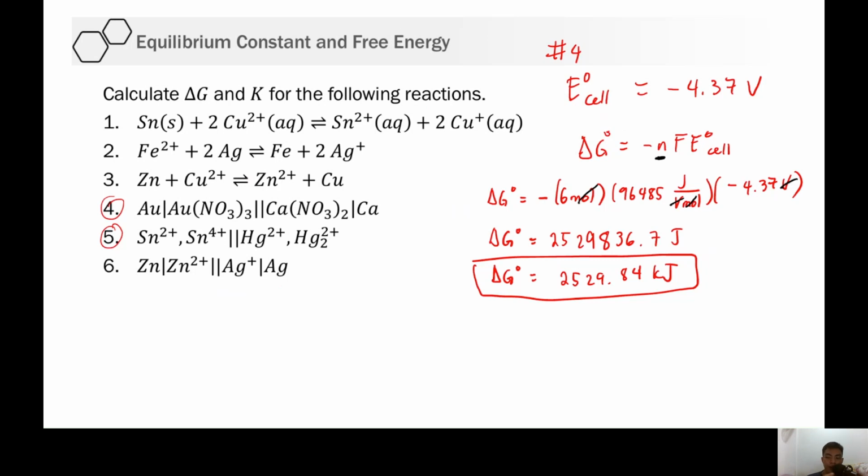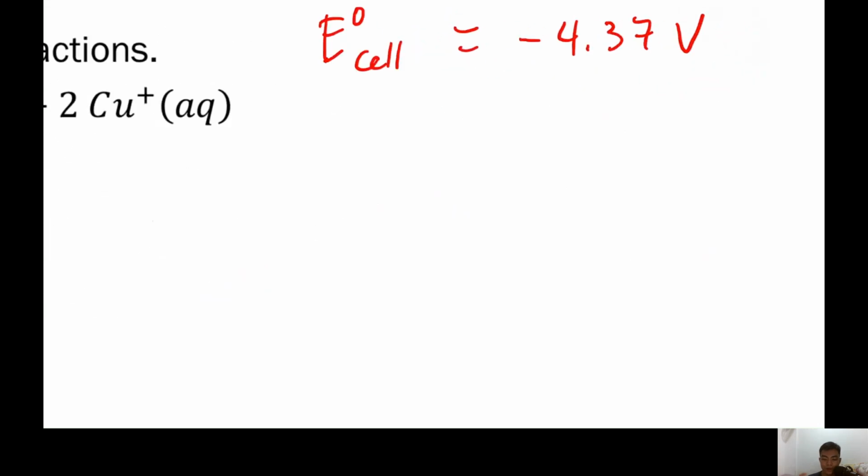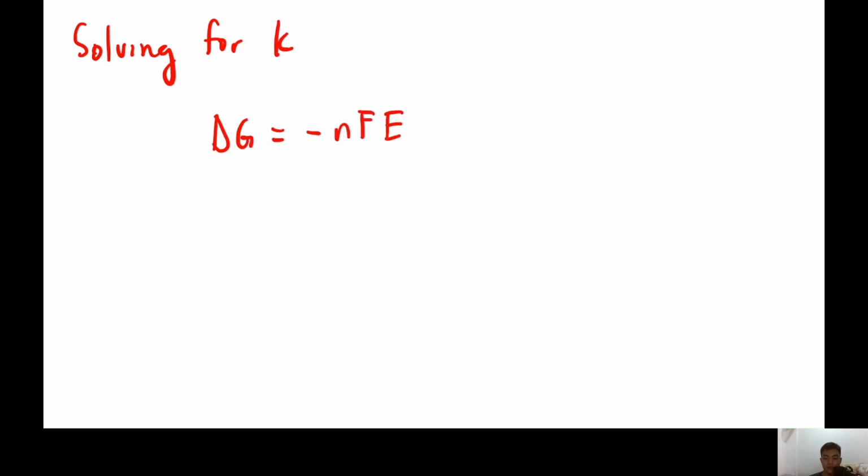So now let's solve for the K. How will we get an equation for K? That's easy actually. Let me derive the equation to be used to get K. Remember that delta G is equal to negative nFE.